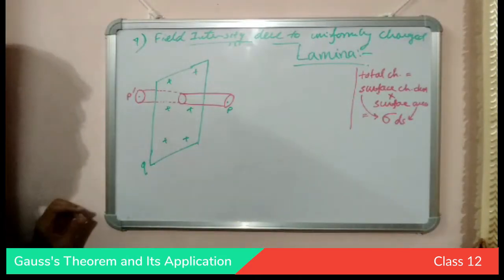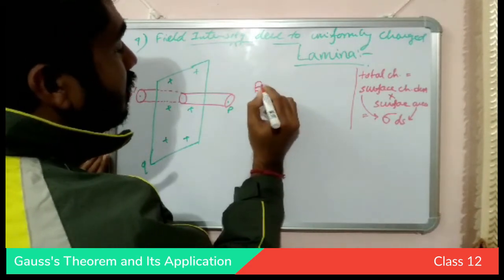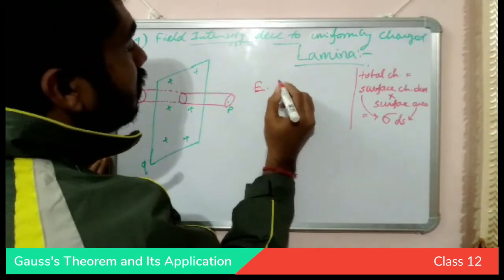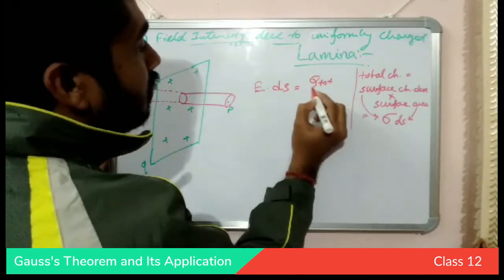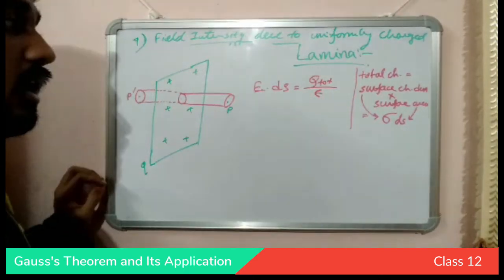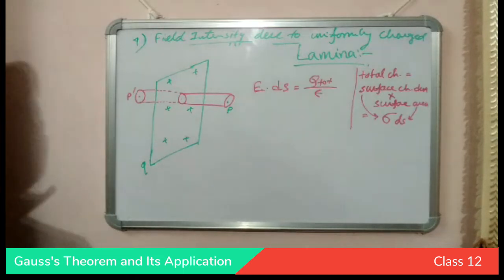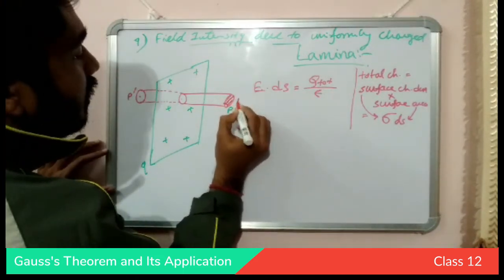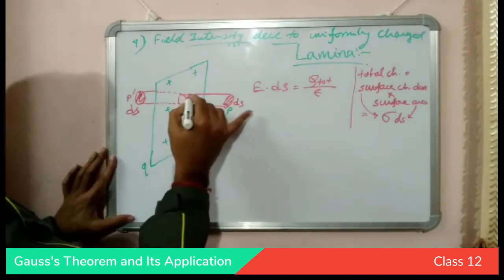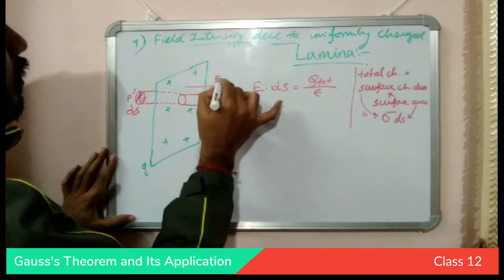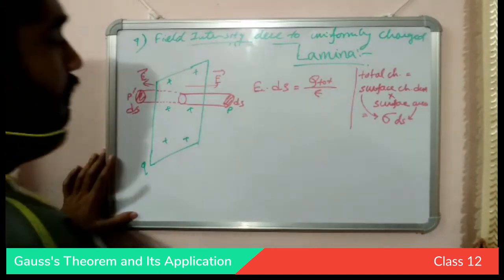So according to Gauss's theorem, E dot ds is equal to q total by epsilon. And now here is a surface ds, here is another surface ds, and the electric field is going outward with respect to this lamina.